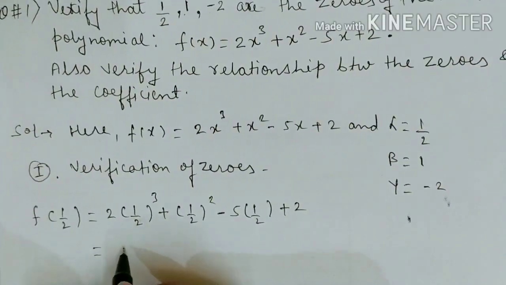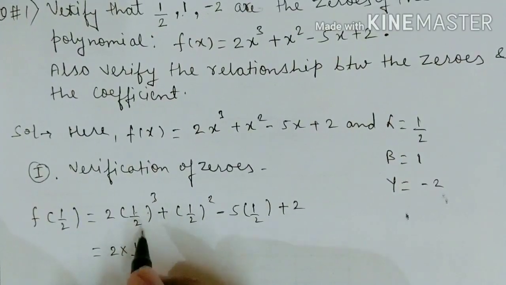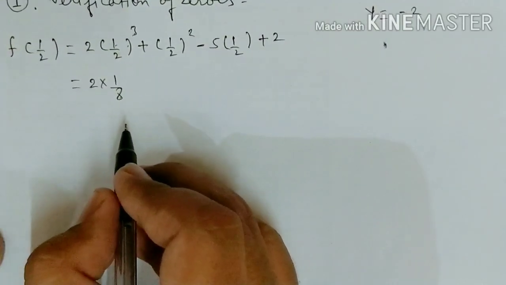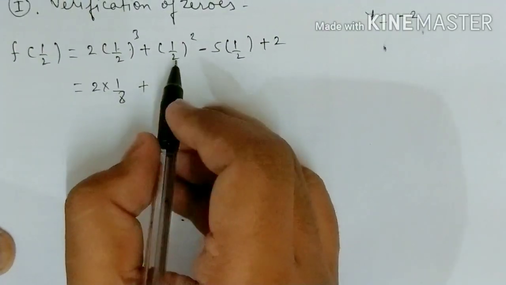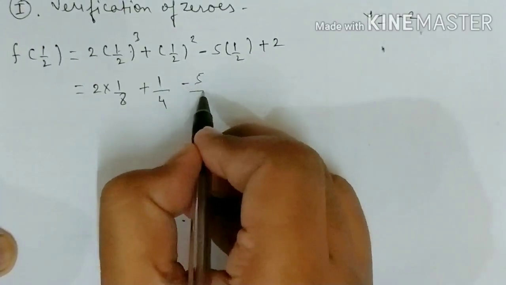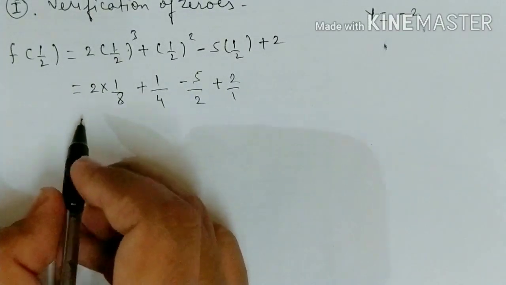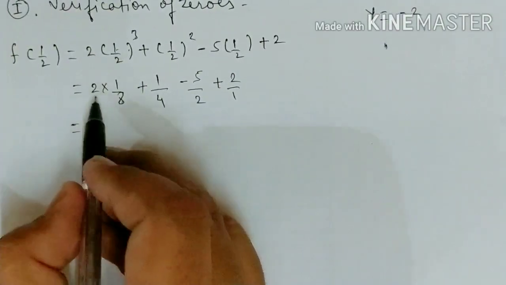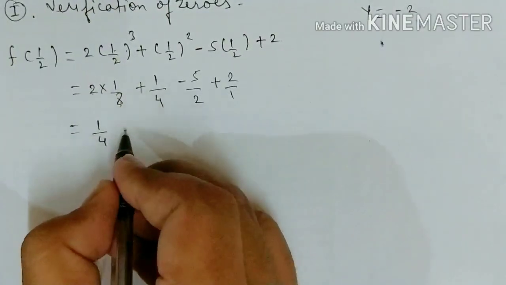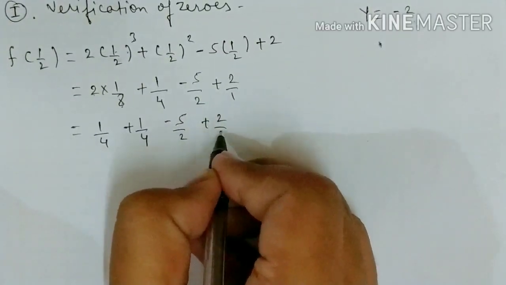When you simplify it, you will get 2 into 1 by 8, since 1 cube is 1 and 2 cube is 8. Then 1 by 2 whole square is 1 square over 2 square, that is 1 by 4. 5 into 1 by 2 can be written as 5 by 2, plus 2. If something is not there, I write it as 1. When you cancel, 2 into 1 by 8 is 1 by 4, plus 1 by 4, minus 5 by 2, plus 2 by 1.